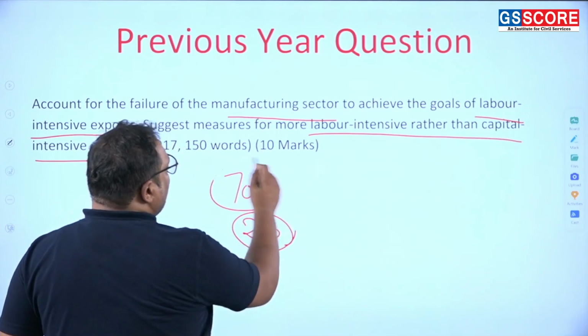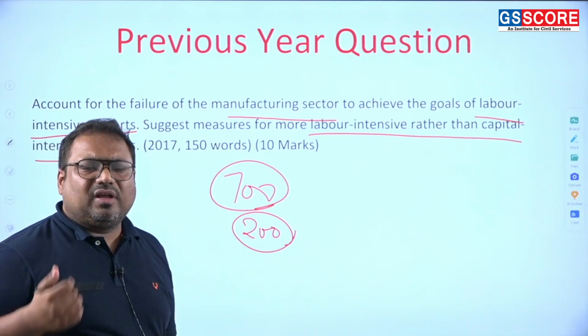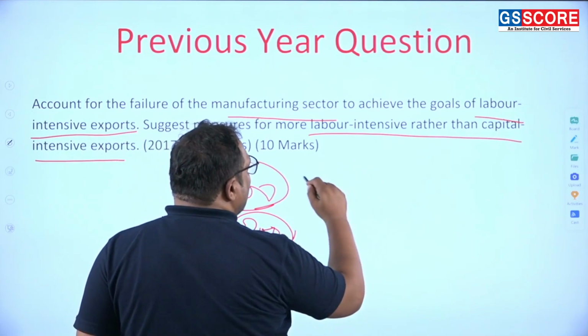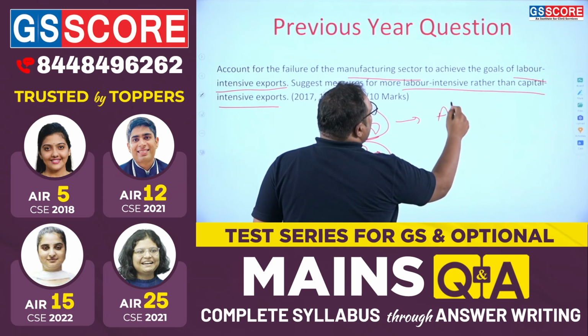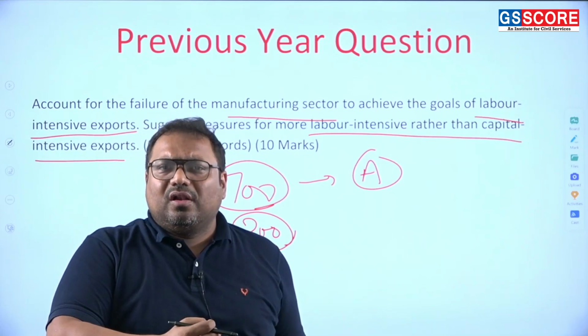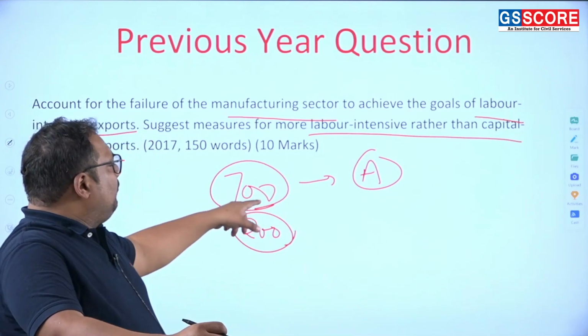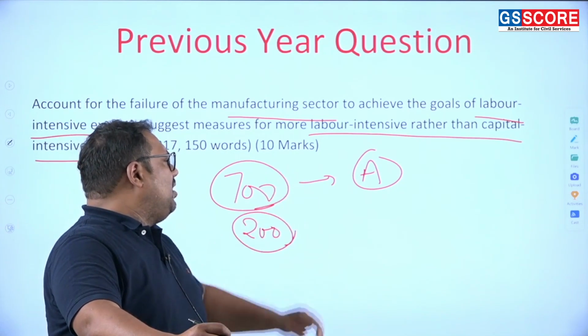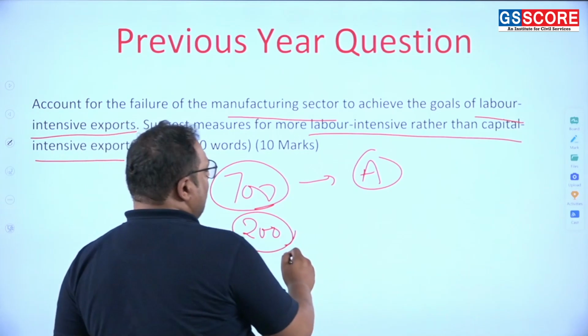So there are two technologies with which we can produce something. Let's say steel. Steel can be produced by a factory A, which is a completely integrated factory with minimum labor requirement. Then for 1 crore rupees worth of exports, we will hire roughly, let's say, 200 people.